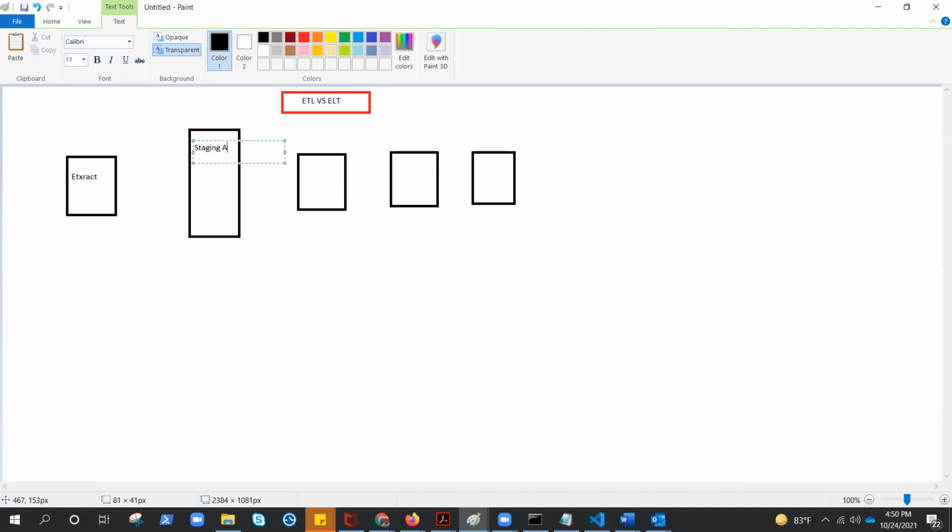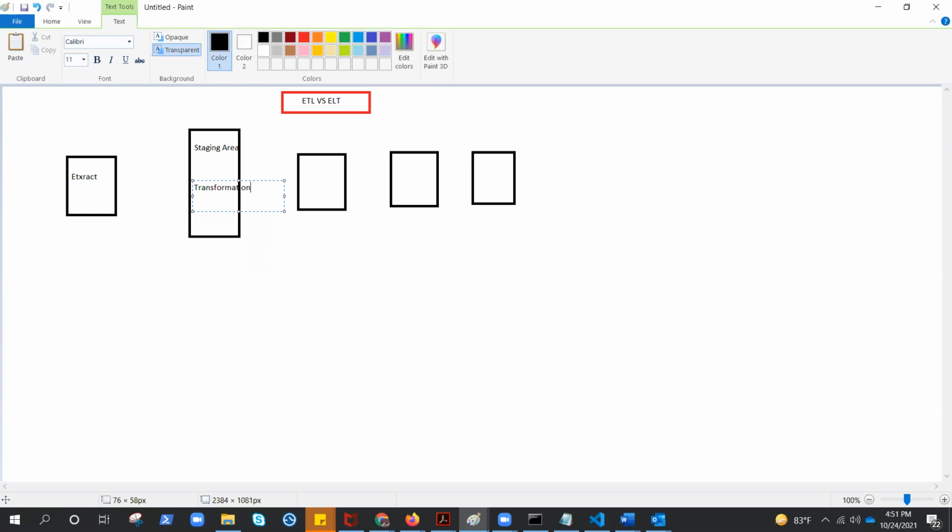Okay, staging area where the transformation will happen. Which means the cleaning of data, the process, the convert of data. For example, the data is coming from various sources. One of the sources says country as United States, one of the sources says USA, right?